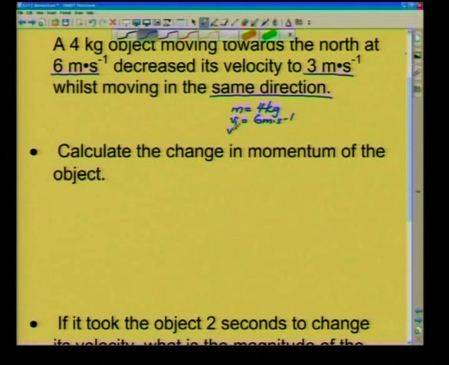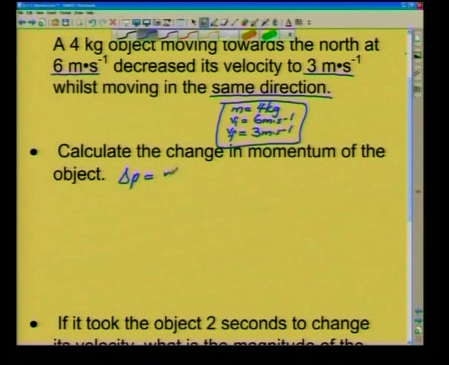Then it decreased its velocity from 6 meters per second to a final velocity of 3 meters per second. So that is what is given to us there. And we are told to calculate the change in momentum. Now, delta P equals m into v final minus v initial.